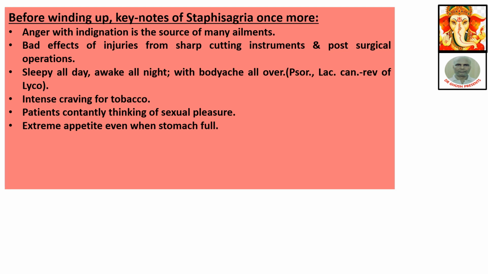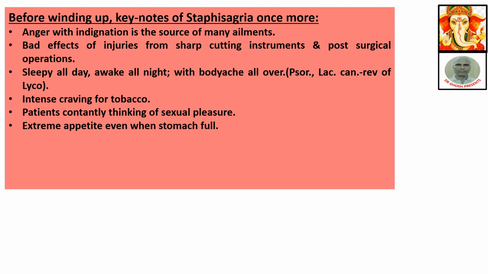Bad effects of injuries from sharp cutting instruments, knives, swords, etc., and post-surgical operation. That is very important. In many post-surgical cases, after operation there is a problem at the place of cutting.